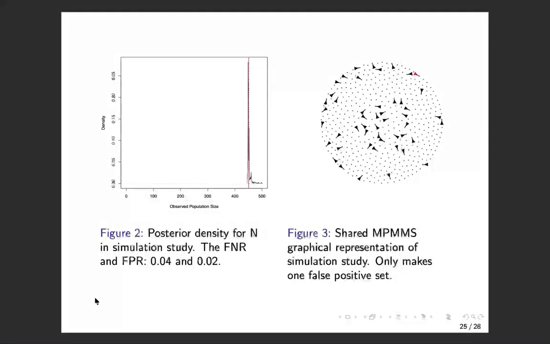So if I run the Blink method on it in R, this is the posterior density for the estimated sample size. This is the false negative rate and the false positive rate. They're both very close to 0, which is something that we would like to see. It's also quite balanced between the false negative rate and the false positive rate. I can also look at a graphical representation to see how many false positives I have. I only have one false positive, which is here in the upper right corner, in red.